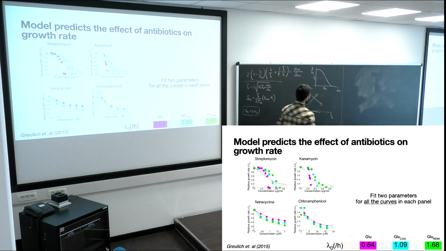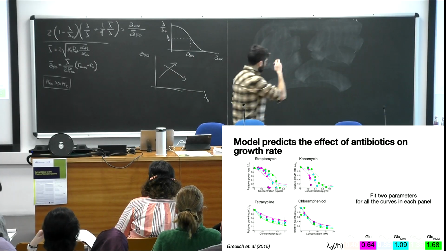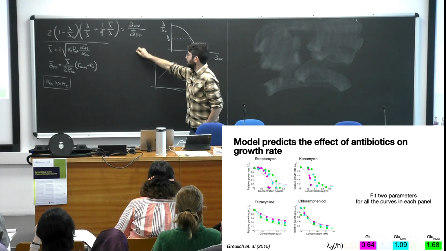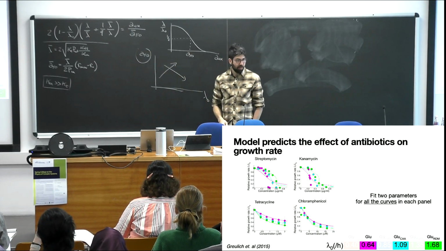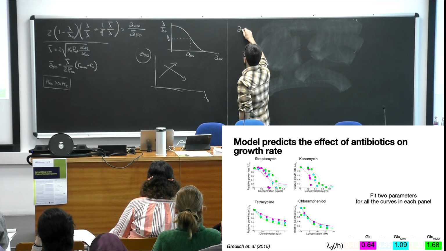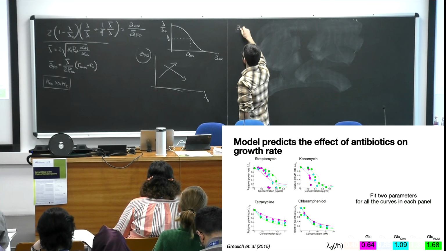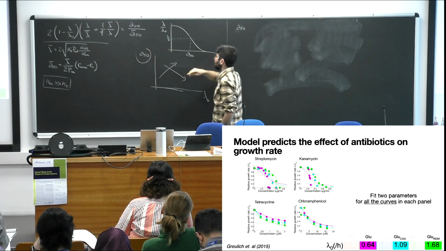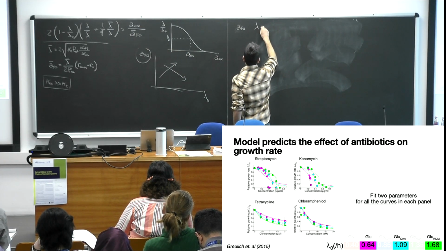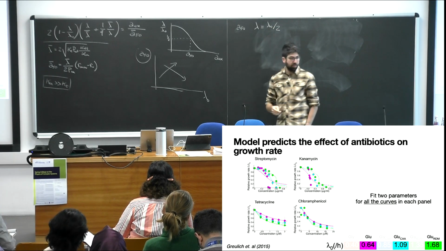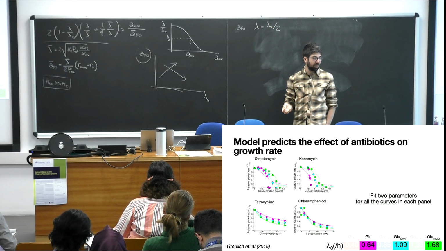We did this quickly last time, but how do we find this value of the inhibitory concentration? We can say A50 is the value of the external concentration when the growth rate is equal to lambda naught over 2, by definition.